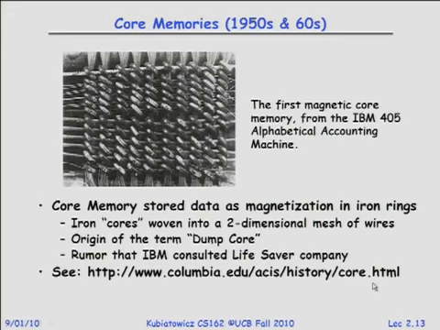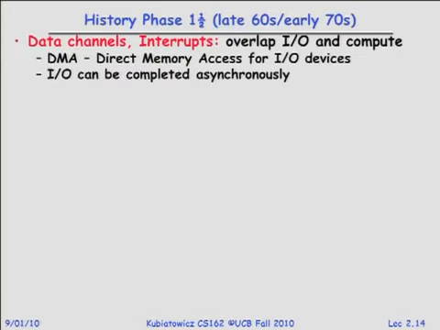Phase 1.5, I would say, is when the computers started becoming really sophisticated. What's interesting about this is they started optimizing for I/O. It's easy to think, I'm going to make sure the machine's always busy. But the question is, is busy the right use of the machine? If you have something like a disk drive and you submit a job, while it's asking the disk drive to do something, the processor is idle.